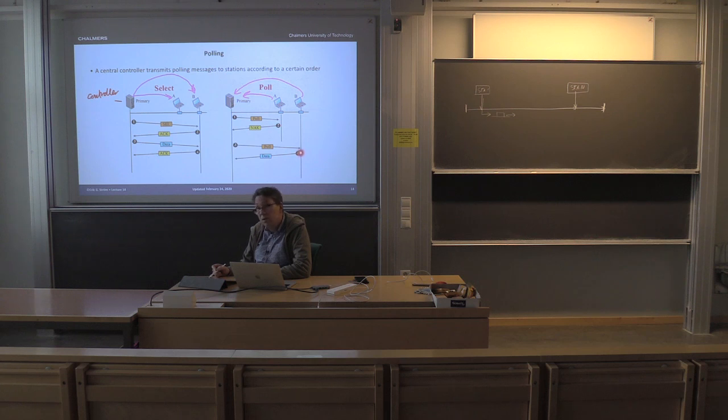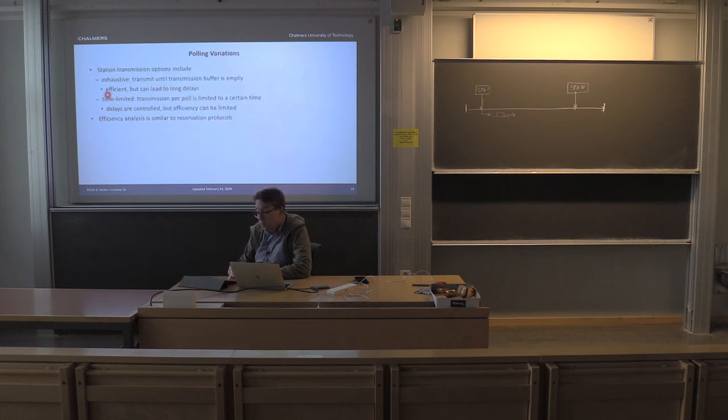If it's exhaustive, it transmits all its data, which could be a lot, and therefore node B takes the channel for a long period of time, not letting node A get into play. But that, on the other hand, is an efficient way to do this. So it's efficient, but can lead to long delays for those who are waiting for access.